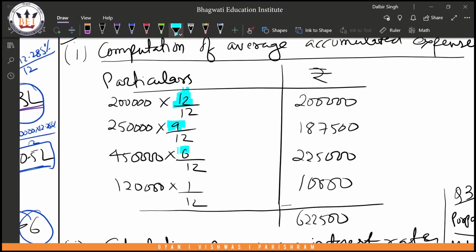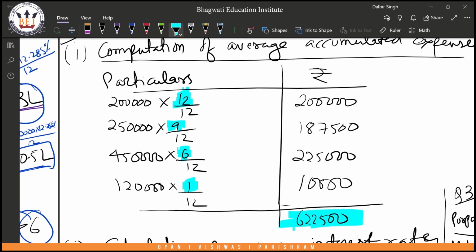Then the 4 lakh 50 which you expended in July, you compute only for 6 months. You're just finding the average accumulated expenditure. Similarly, the last, December, you utilized 1 lakh 20 only for 1 month. Therefore, your average accumulated expenditure is going to be 6 lakhs 22,500.